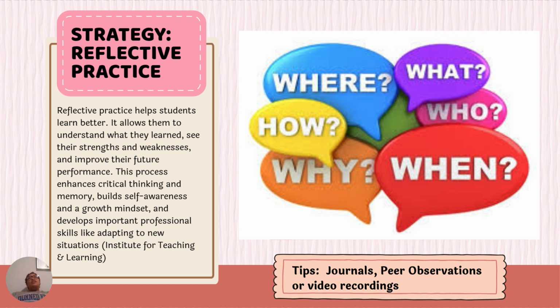More importantly, look at things and say, what could I have done better? Or why did it end up this way? When did it happen? It doesn't mean that I'm a terrible person or that it's intentional. It's just identifying what works well, what could be improved, and then how did you respond, or how did the students respond.